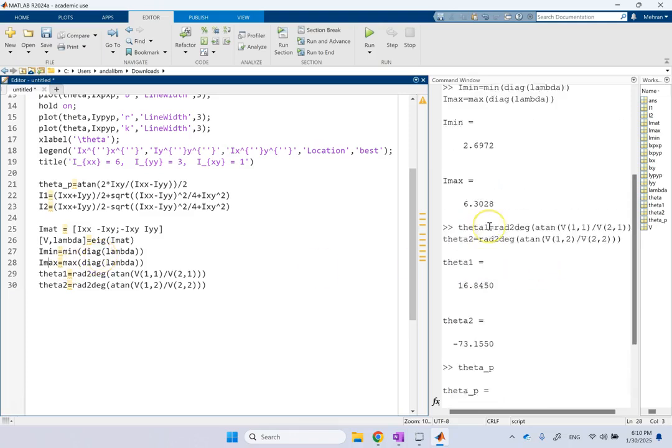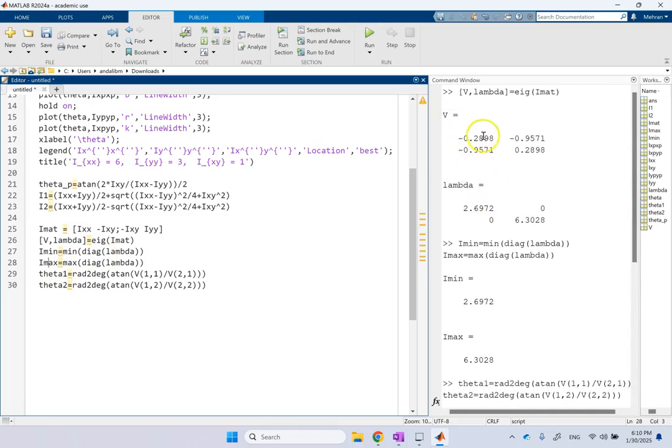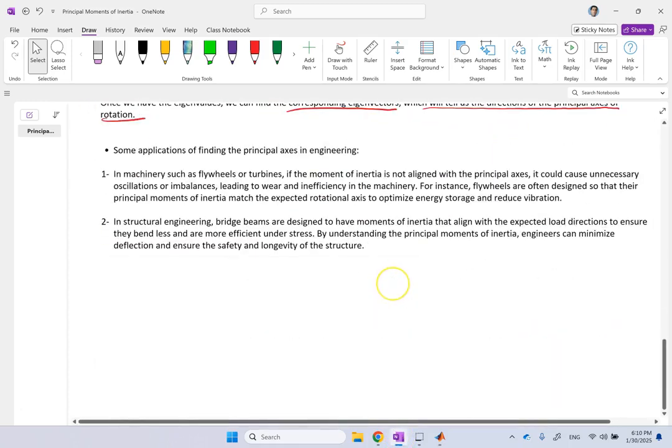And you have 3 vectors here, v1, v2, and v3, the columns of the V, and those show the direction of the 3 lines for these 3 major axes. Okay, so this is how you do it in 3D.